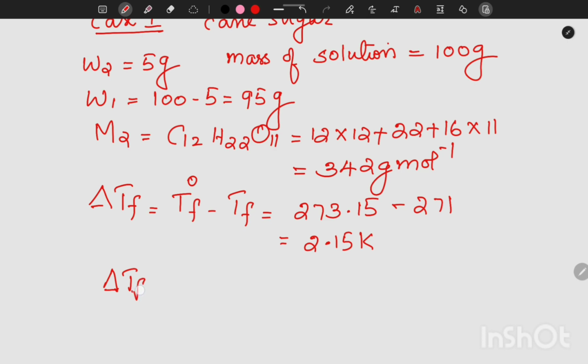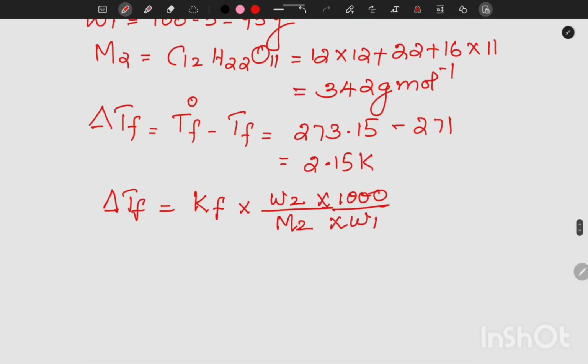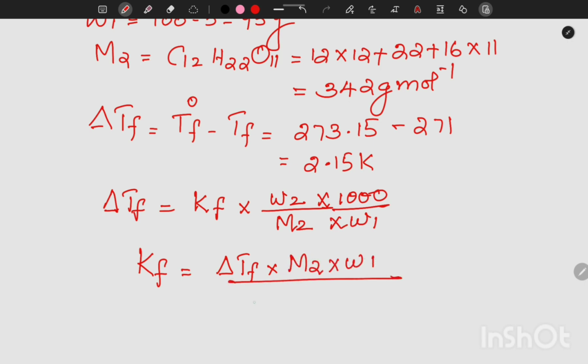Now delta TF is equal to Kf into molality, mass of solute by molar mass divided by mass of the solvent in kilogram. So we can write W1 into 1000 by W1. Now we have to calculate Kf. So Kf is equal to delta TF into M2 into W1 divided by W2 into 1000.